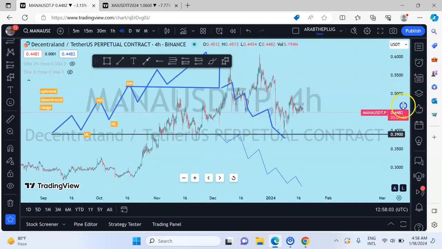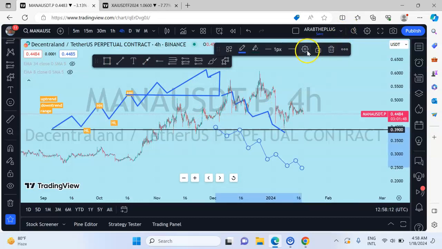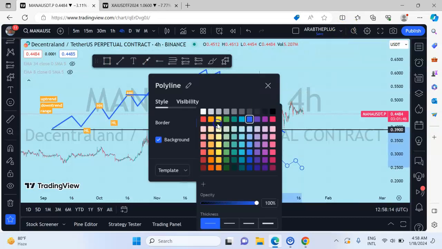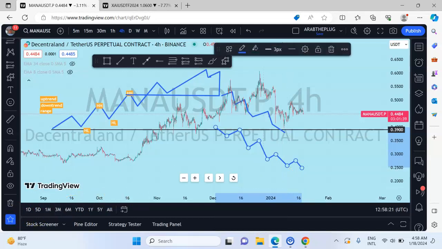So let's go to a downtrend. This downtrend is where the market starts at this point. In a downtrend, the market starts up here, then starts going down. When the market started going down, it came down here to create a low.